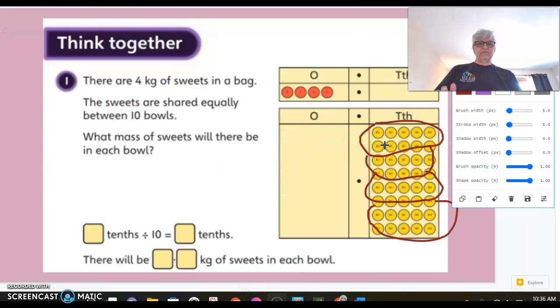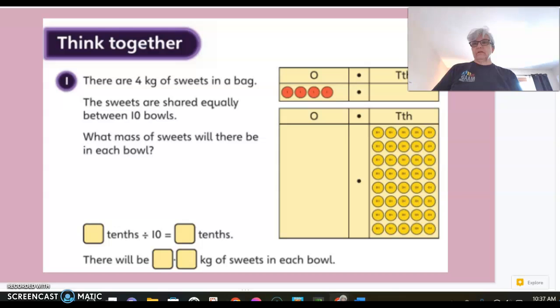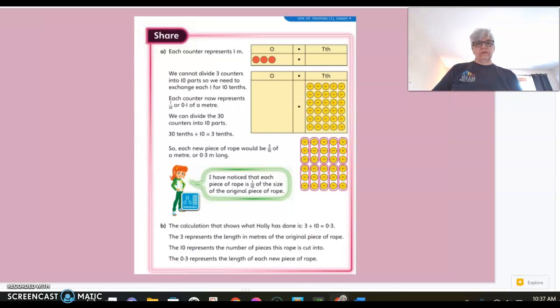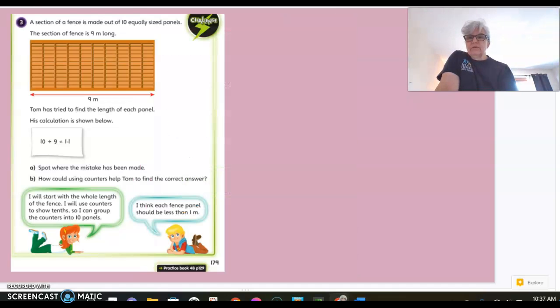Here we divided 40 divided by 10 to get 4, and then our answer was 0.4. In this one we divided 30, because we had 3 different groups of 10, and then we found that it was 0.3. Hopefully this is making sense to you.